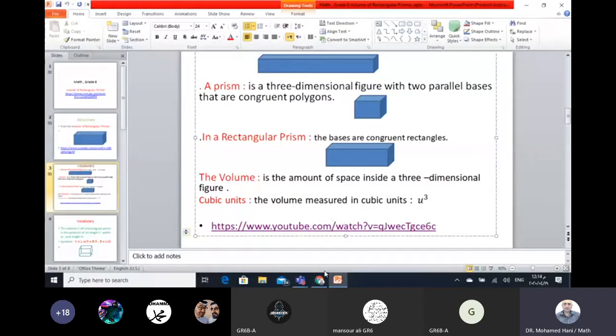Okay, this is the meaning of the volume for prisms. And what is the formula to solve the volume for a rectangular prism?